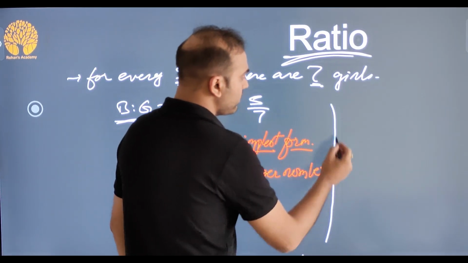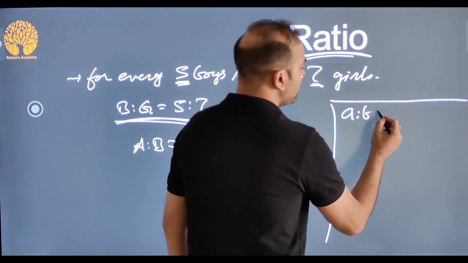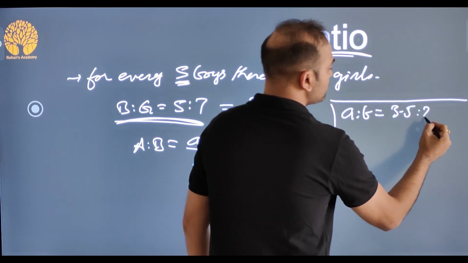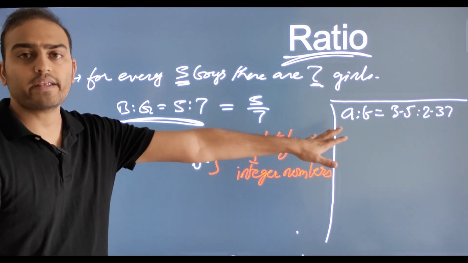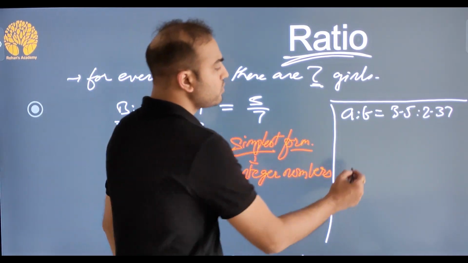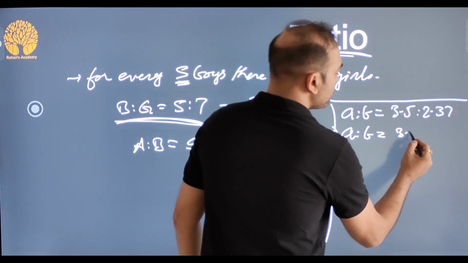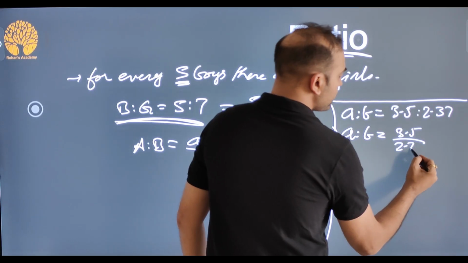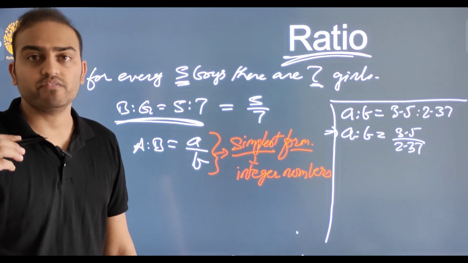Say we have decimals, that A is to B is 3.5 is to 2.37. That's not the right way to write ratios. Instead, you will write this as A is to B is 3.5 by 2.37. We have learned division of decimals recently in the previous class.